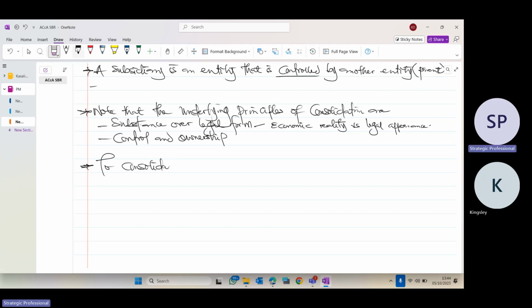Consolidation is when the accounts of the subsidiary and that of the parent company are prepared as though they are for a single entity. So to consolidate, the two companies must have the same reporting period.